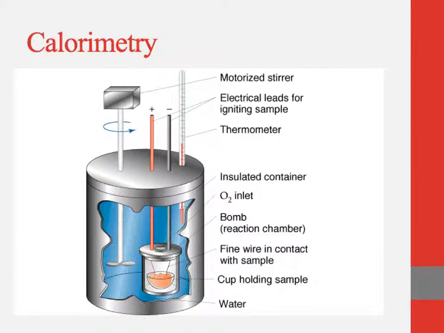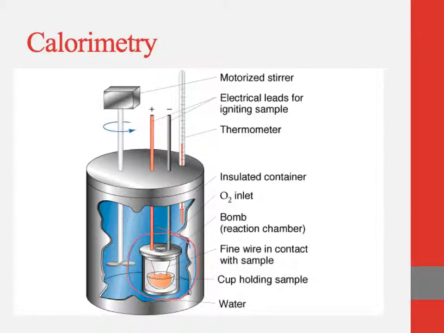Let's look at a high-tech calorimeter. This is actually a bomb calorimeter, so you have constant pressure. It's usually a metal container of some type, and inside you have what's called a reaction chamber, which is down here.